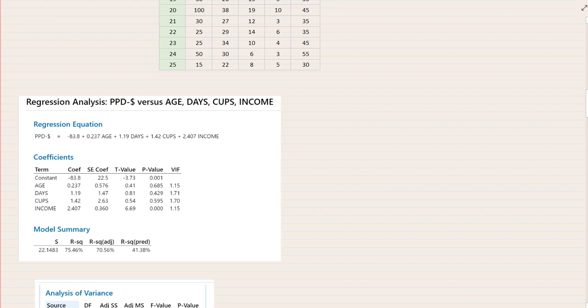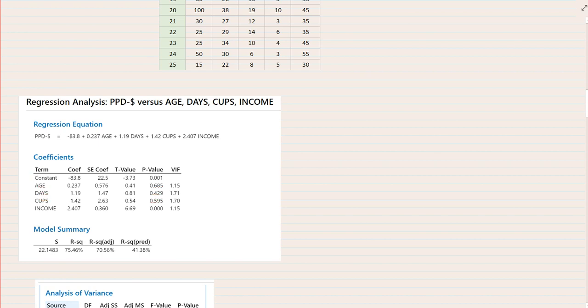So let me save that for then. Again, the takeaway from this output is that the variables that have high p-values, we do not need in our model. The only one that we really do need is income in this model.